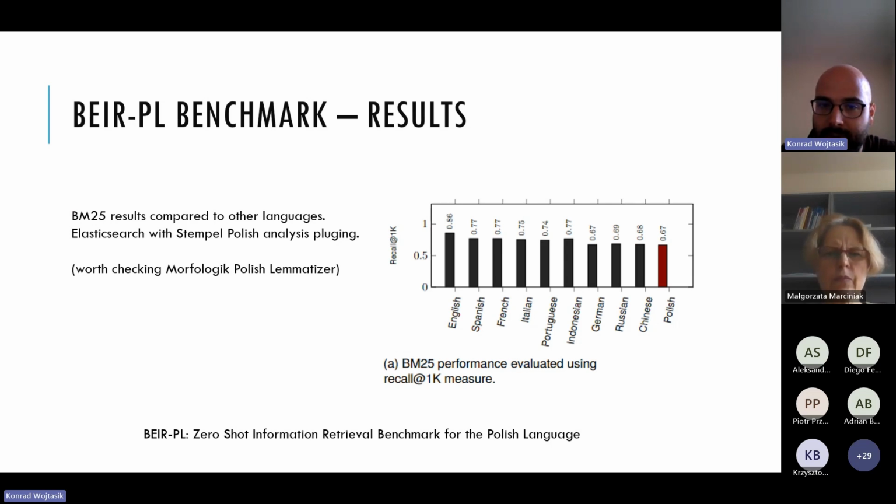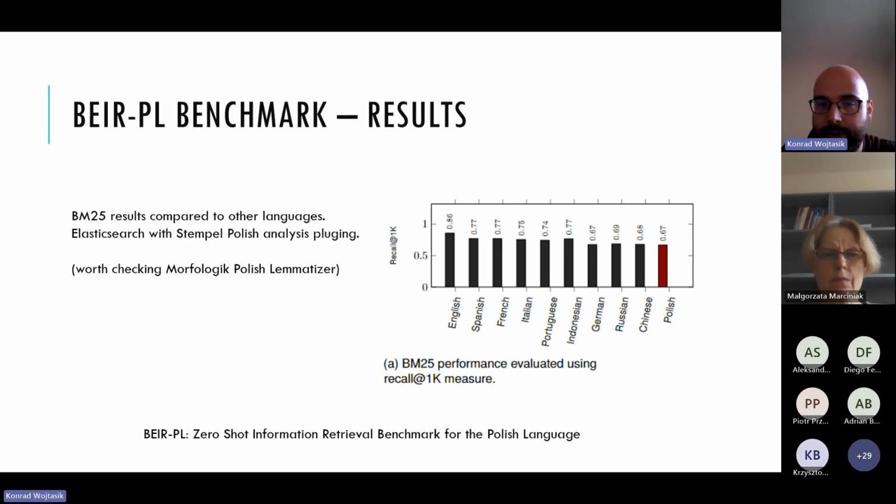It was actually very similar to the German, Russian, Chinese, even a bit lower. Yeah, but on the same level, I would say. So the BM25 wasn't working that well.